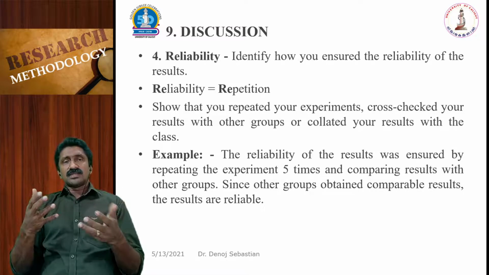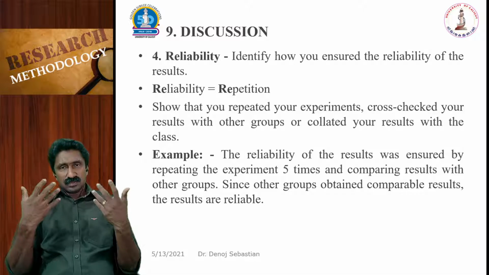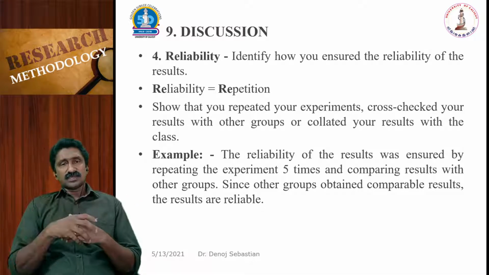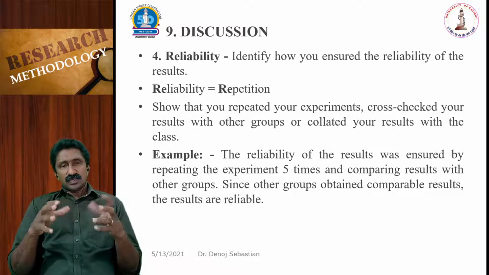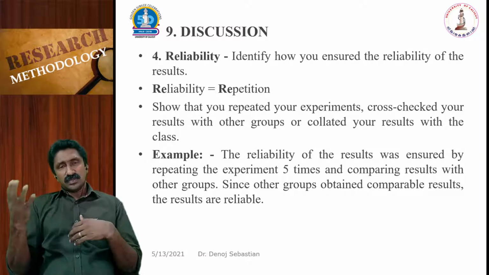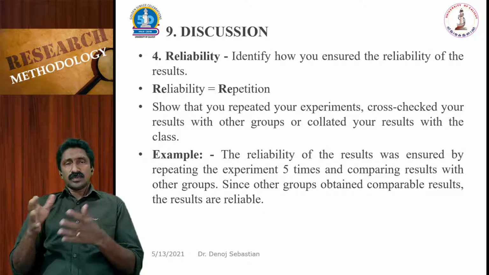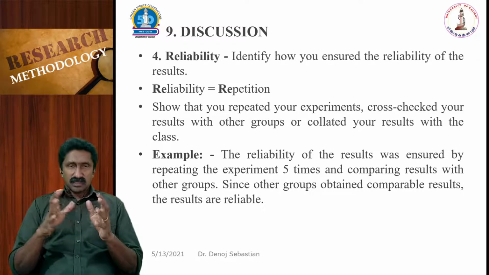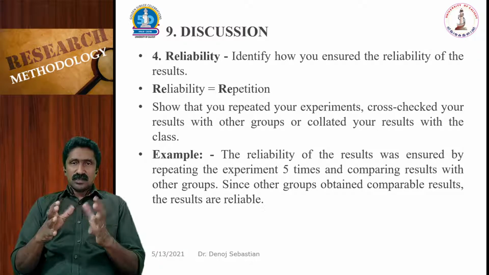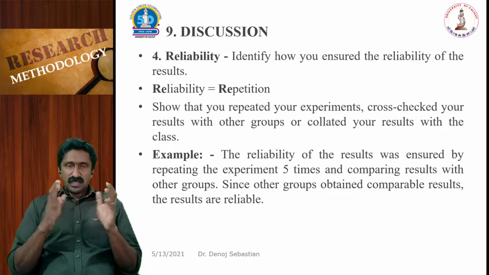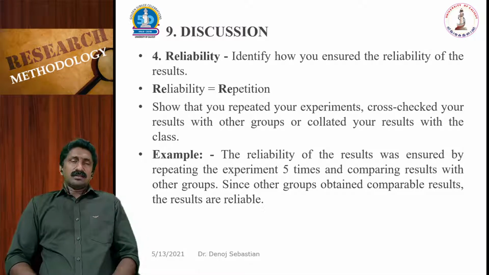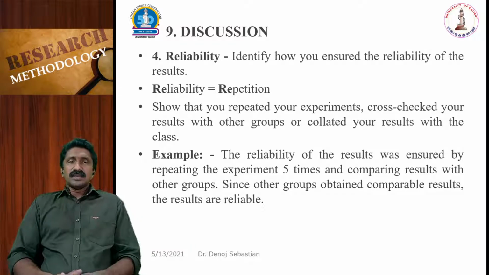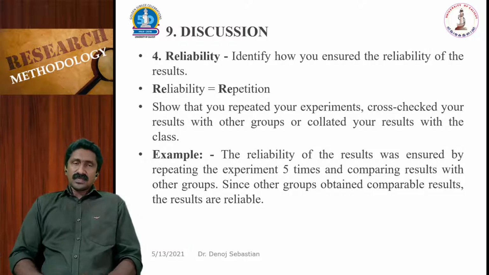Cross-check your results with other groups, or collate your results with the class, or you can perform it many times. You can check it with other groups who perform the same experiment under the same conditions. So repetition of the same experiment by different groups or persons, and obtaining the same results, will increase the reliability of that experiment.